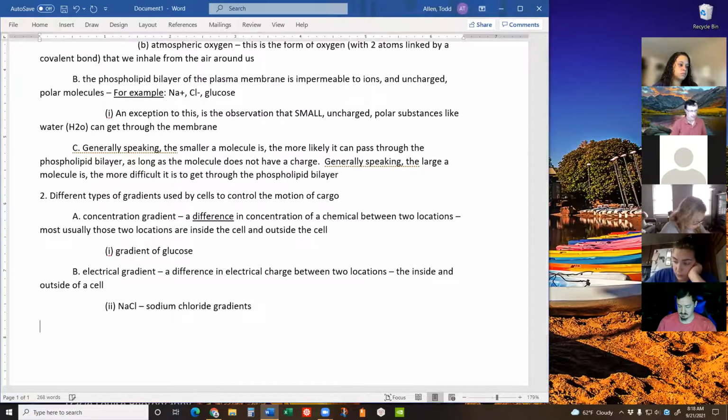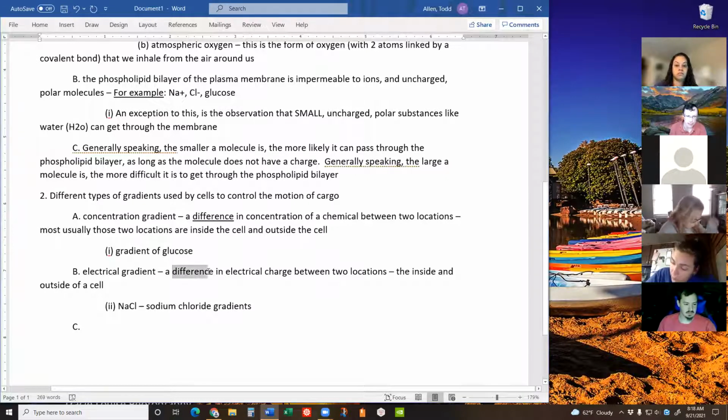Okay. And then, if we're being completely honest here, in some scenarios there will be electrochemical gradients, where we combine the two ideas of concentration and electrical gradient together at the same time. Electrochemical gradient.